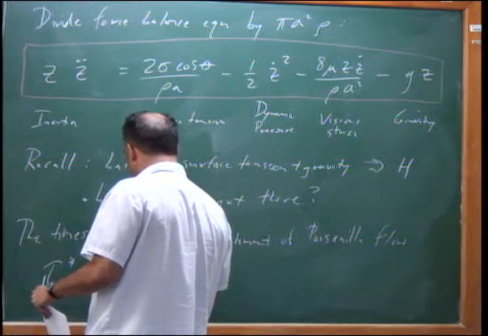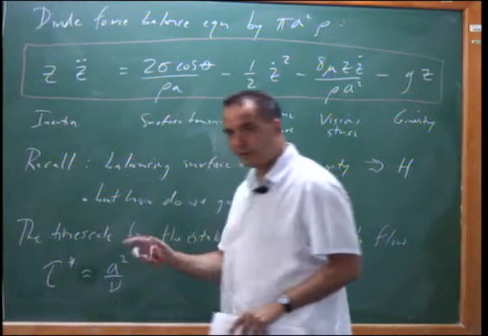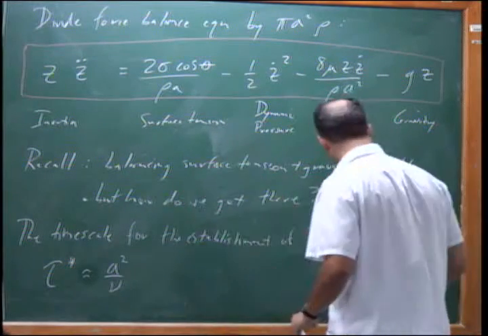So it's going to scale as a squared over nu. That's simply the time it takes for vorticity to diffuse in from the side.